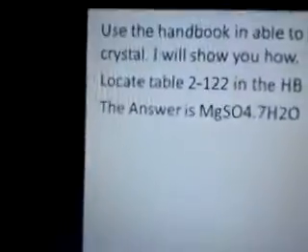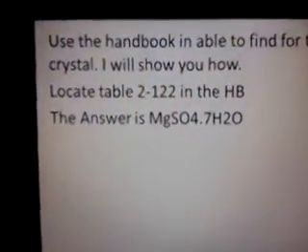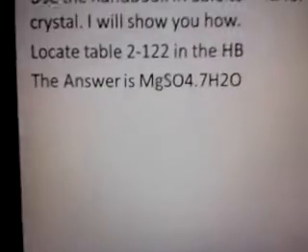The only MgSO4 with the corresponding 40 degrees Celsius temperature which has a solubility is the MgSO4 7H2O hydrate. So my answer is MgSO4 7H2O.